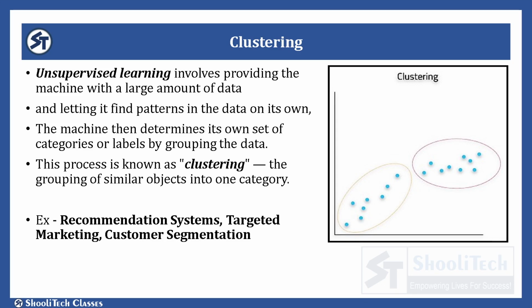This process is known as clustering, meaning grouping of similar objects into one category. Some examples where clustering algorithms can be used are recommendation systems, target marketing, consumer segregation, and a lot more.